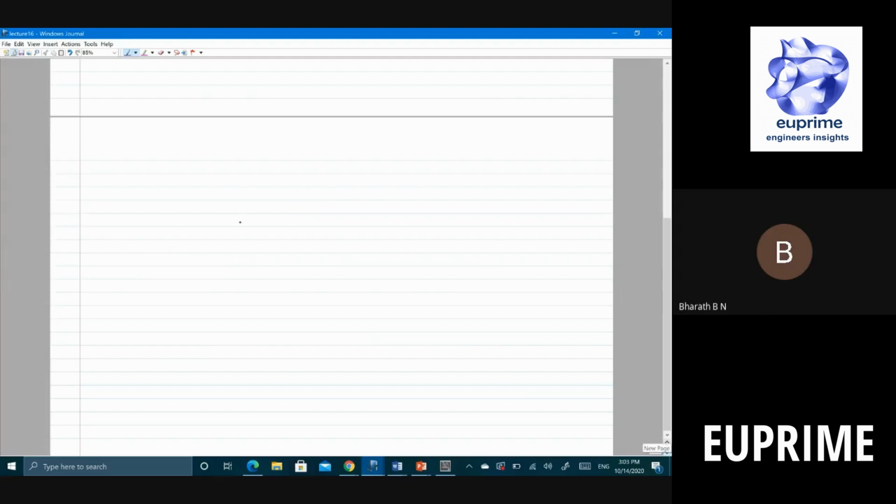Pictorially, what does it mean? Suppose this is 0, this is t, and this is t'. If you look at how many people arrived in this interval, this is N(t' minus t), but I can write it as N(t') minus N(t). N(t) tells me the number of arrivals until time t, and N(t') tells me how many arrived until time t'.